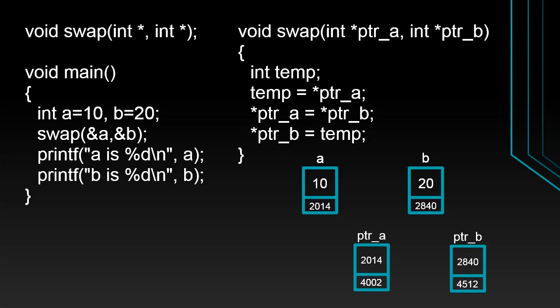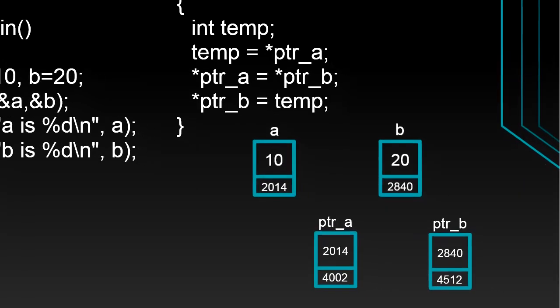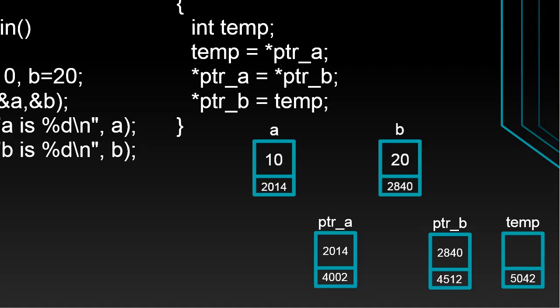We already know that the value at address in ptr_a will get you the value that is stored in 2014, so this will be 10. And similarly, this will be 20. Hence, we have accessed the value of A and B through their addresses. Now, let's visualize how swapping actually happens in the memory.